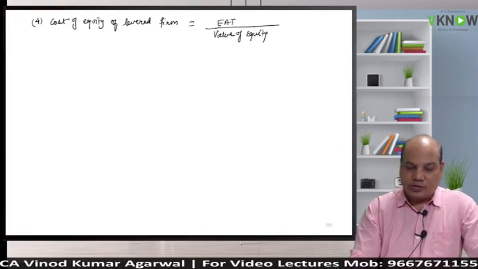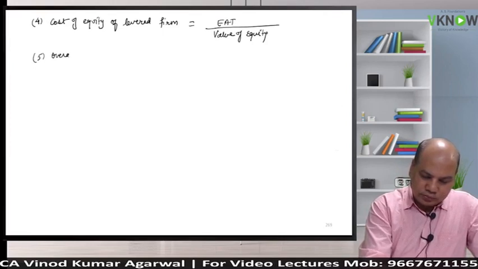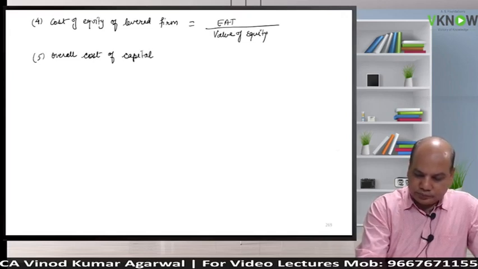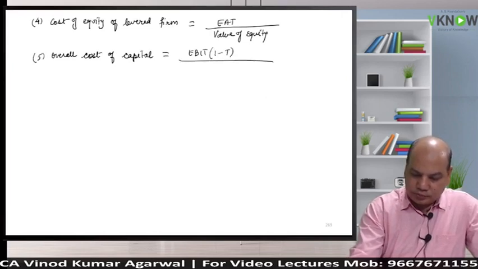Earning after tax upon value of equity. Then write down overall cost of capital is equal to EBIT into 1 minus T upon value of firm.